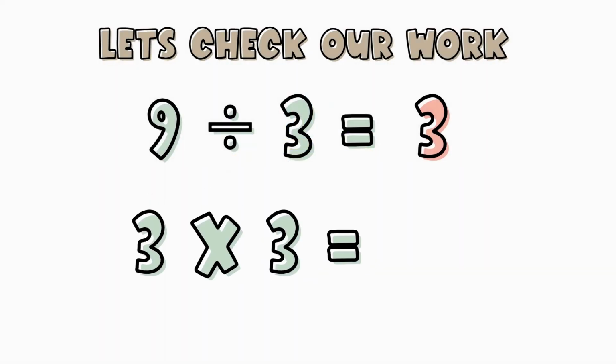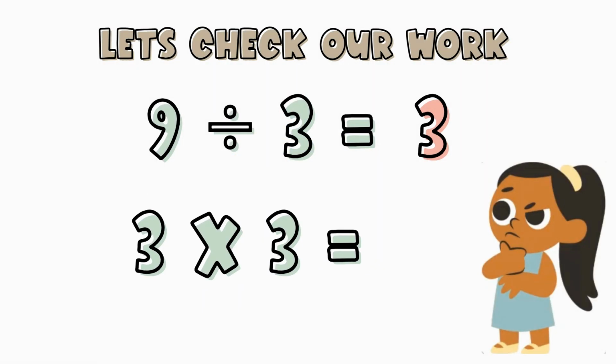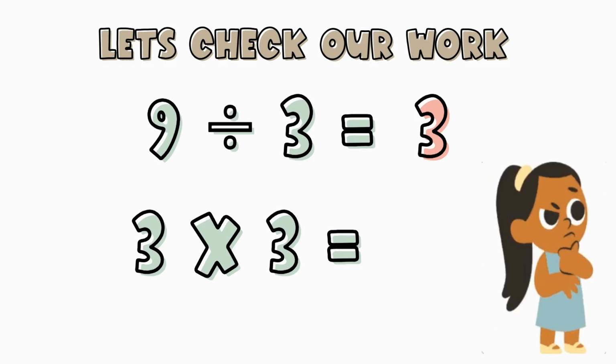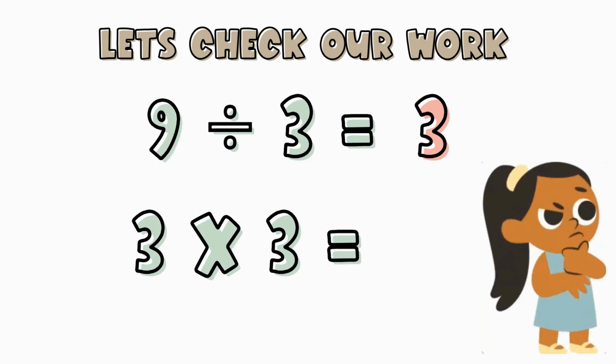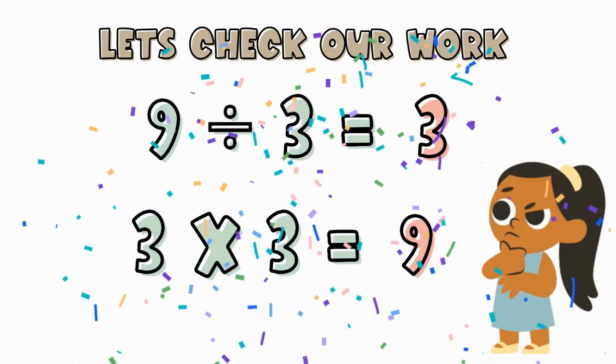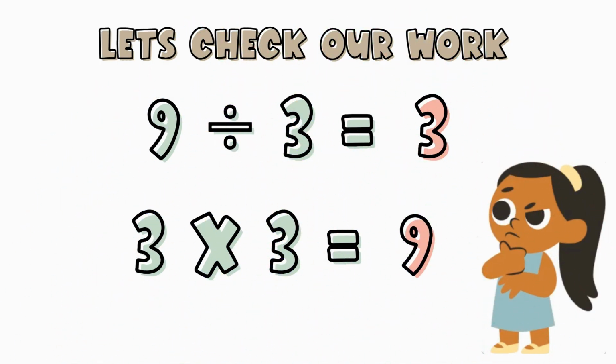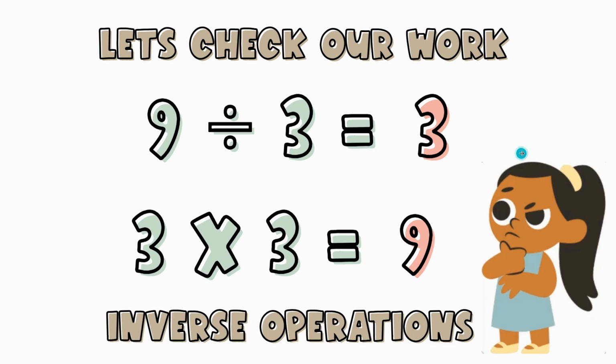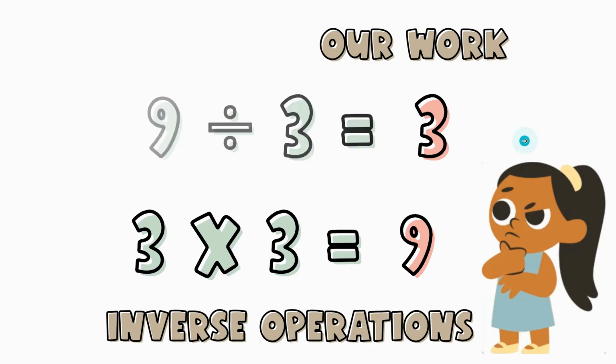It's 3 times 3 equals, hmm, 9. So if you wrote this as the inverse equation, then you are unequivocally correct. This is our inverse operation. And since all the numbers are the same, we know that our answer is right.